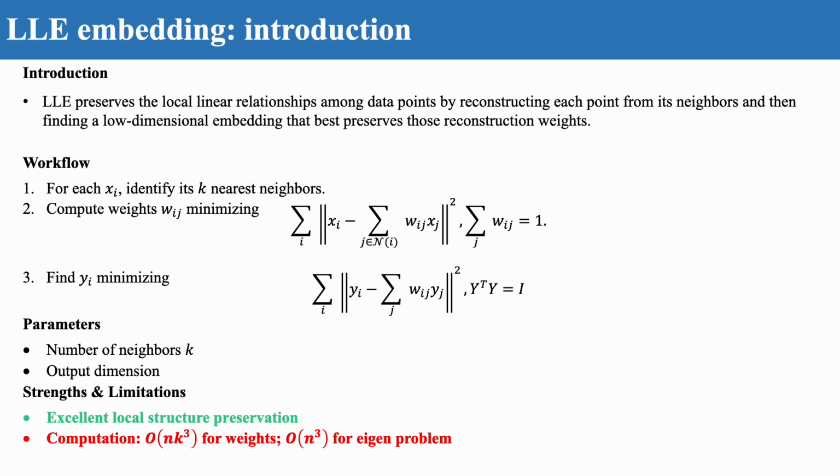And then LLE, which is short for locally linear embedding, preserves local relationships by reconstructing each data point as a linear combination of its nearest neighbors. This is achieved by minimizing the reconstruction error, ensuring that the weights capturing local geometry are invariant to translations, rotations, or scaling.